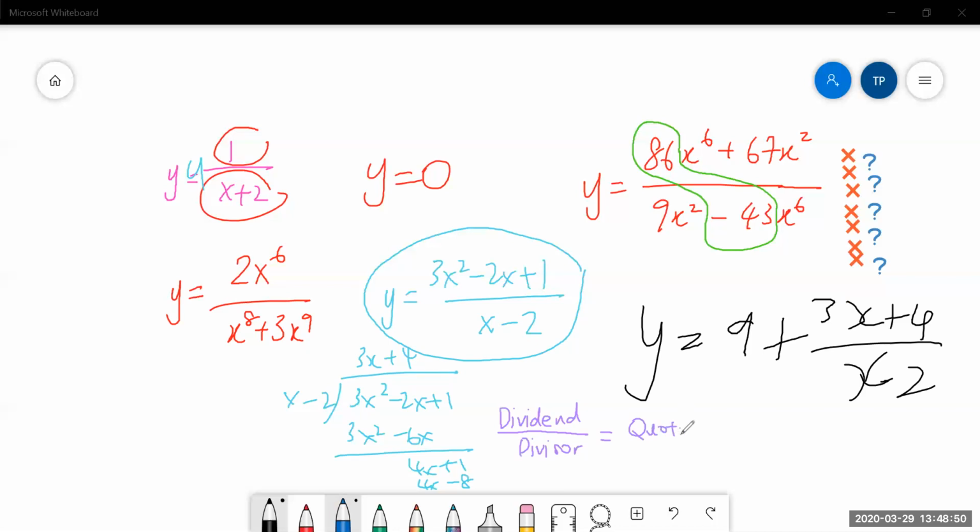Correct. Always remember this formula. Remember I stated it, did I have this? Did I tell you this before? Oh yeah. The quotient is this, right? Okay, I hope this is a good recap.